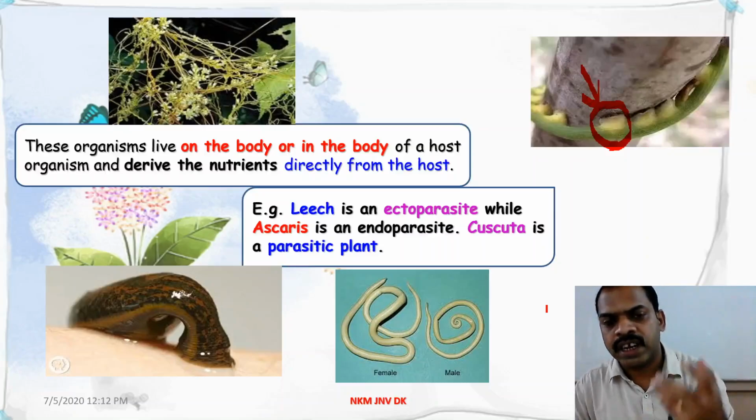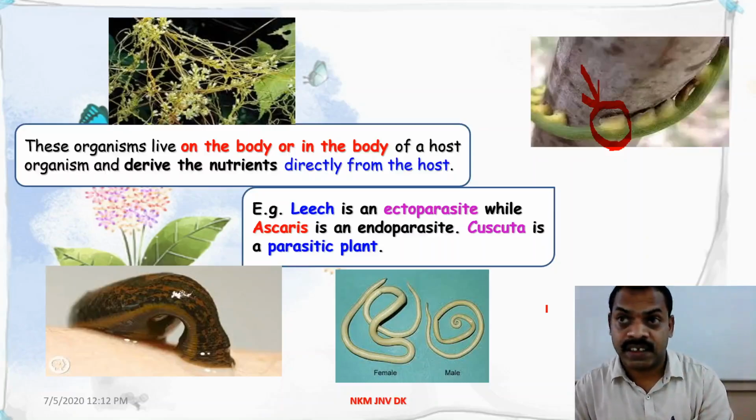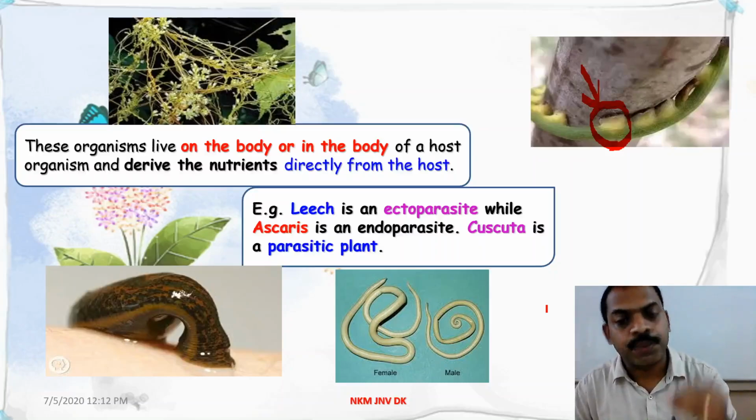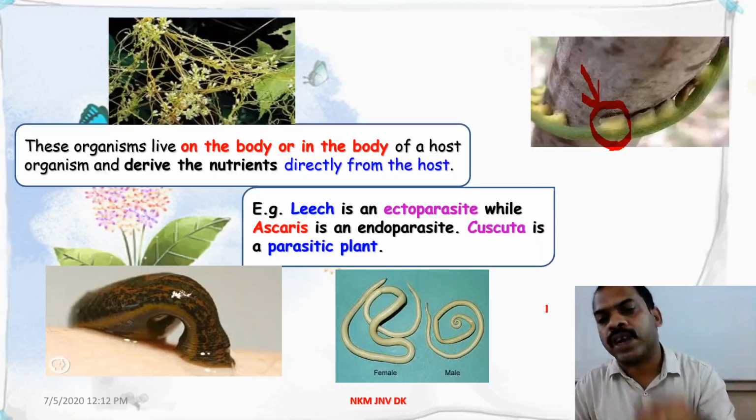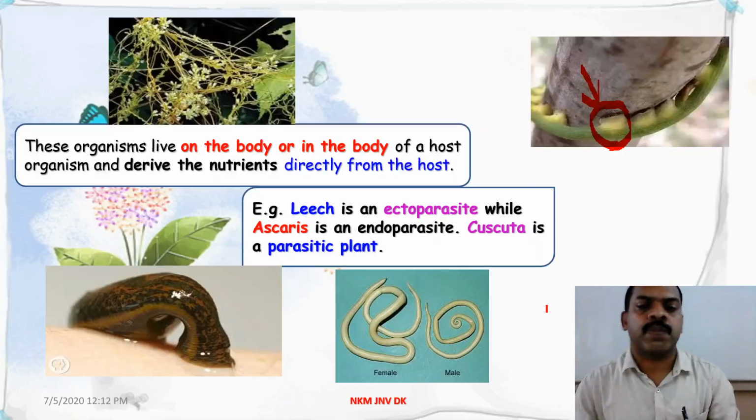Outside the living host, head lice, heno in Kannada. Head lice are an ectoparasite, isn't it? Other worms are there. Pinworm is here. Tapeworm is here. These are endoparasites. We can write more examples for this type of parasitic mode of nutrition.